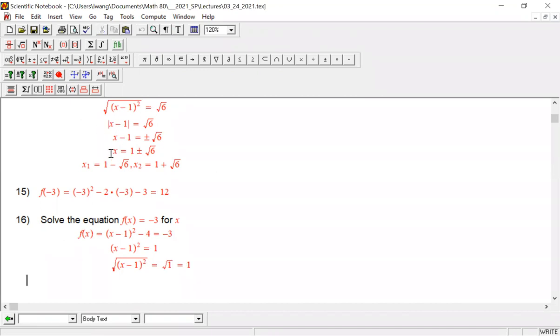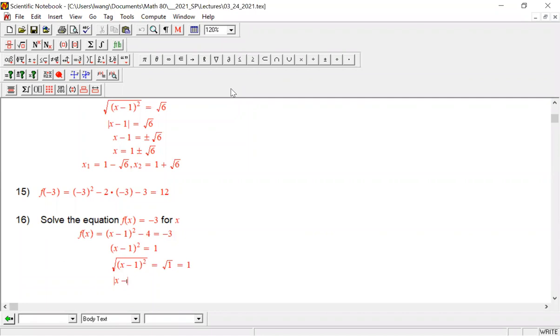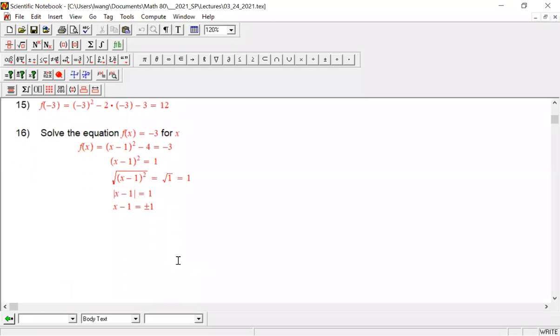Almost to the end, we have absolute value of x minus 1 equals to 1. Okay, and that gives us that x minus 1 equals to +1 or -1. We get some nice, neat points here.